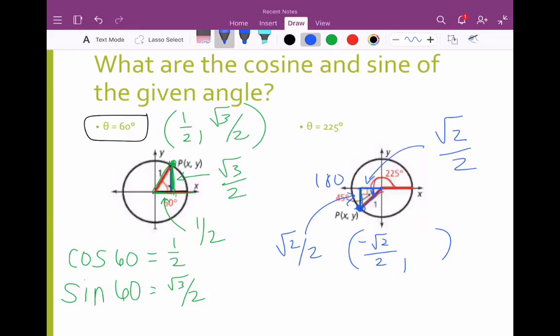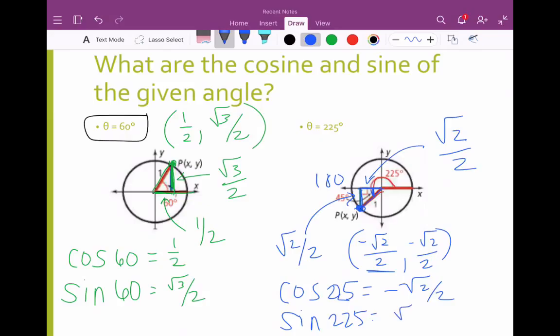And then I go down that same distance, so since I'm going down, again, it's a negative square root of 2 over 2. Which makes sense because this point is in the third quadrant, and both x and y are negative in the third quadrant. So then to find the cosine of 225 degrees, it is the x-coordinate, negative square root of 2 over 2, and then the sine of 225 degrees is also a negative square root of 2 over 2.